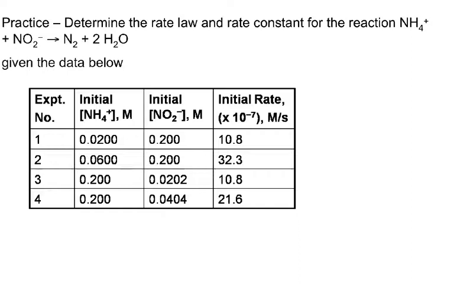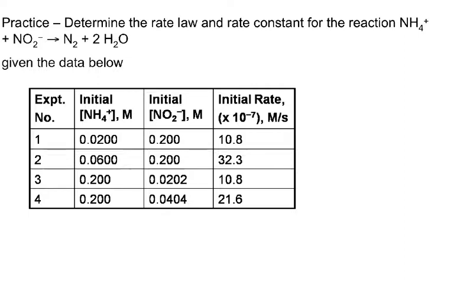So here's a practice one that's very similar to the previous one. Go ahead and pause the video and work it through, and then I will work it through as well. All right, so for our NH4 plus, we can look at experiments 1 and 2.